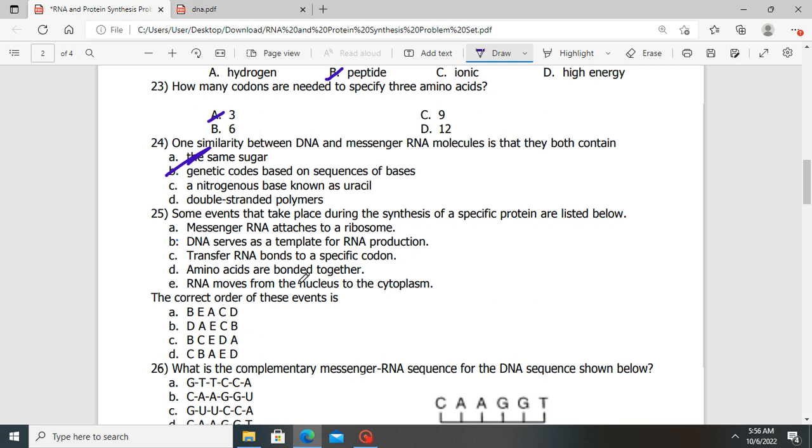A, messenger RNA attaches to the ribosome. B, DNA serves as a template for RNA production. C, transfer RNA bonds to a specific codon. D, amino acids are bonded together. E, RNA moves from the nucleus to the cytoplasm. Which of these is the first step in protein synthesis? Pause the video and try it.